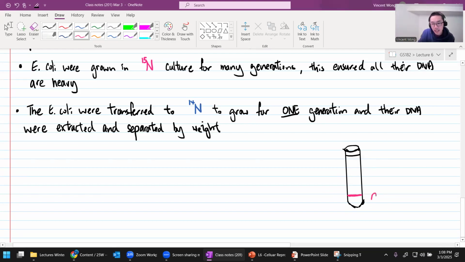This is the DNA that's going to be made up of N15 only. And if the DNA is made up of N14, then it's going to be at the top, right? N14 only, because it's lighter.